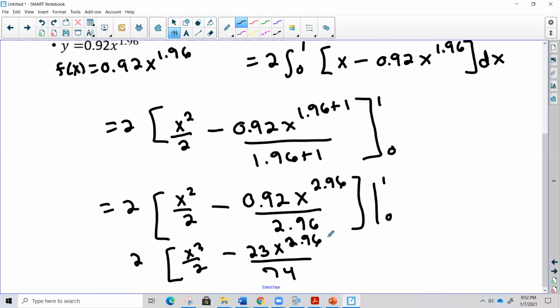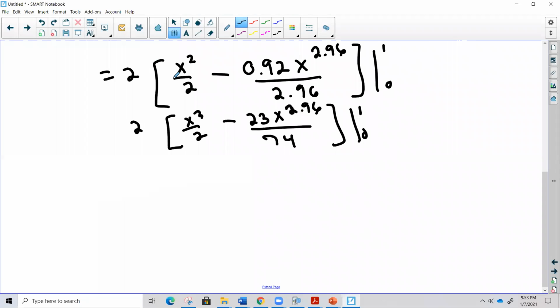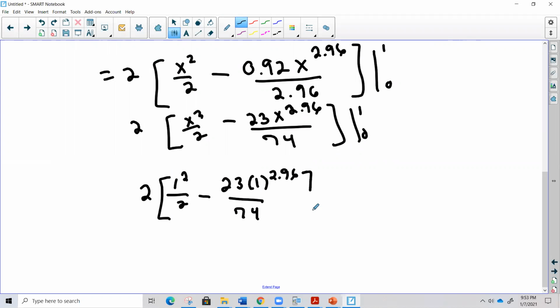Okay, once I take my definite integral, then I plug in my bounds and we do upper bound minus lower bound. So I'm going to plug in 1 for all my x's first. And then I'm going to plug in 0 for all my x's.